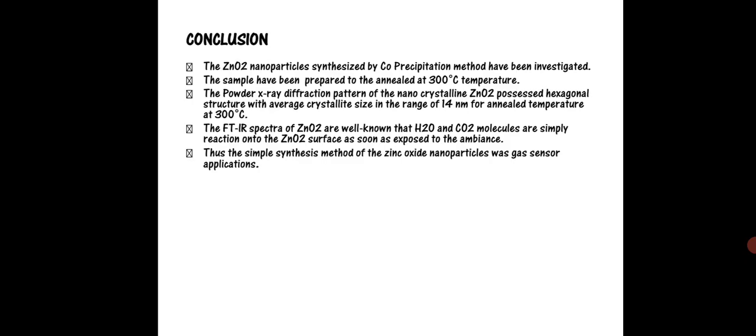The zinc oxide nanoparticles synthesized by the co-precipitation method were prepared at the annealing temperature of 300 degrees C. The powder X-ray diffraction pattern shows nanocrystalline zinc oxide with a hexagonal structure and average crystal size of 14 nanometers at 300 degrees C. In the FTIR spectrum, H2O and CO2 molecules are chemisorbed onto the zinc oxide surface on exposure. Thus, the zinc oxide nanoparticles synthesized by this method are good for sensor applications.